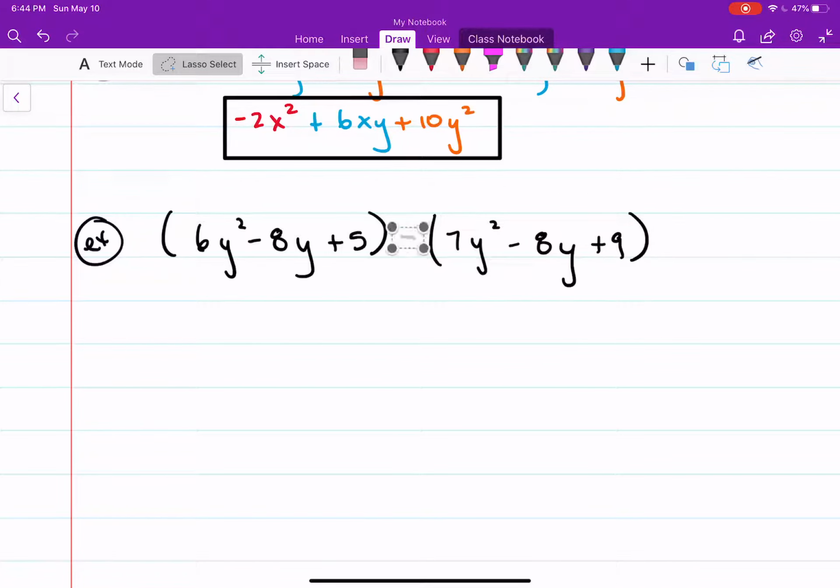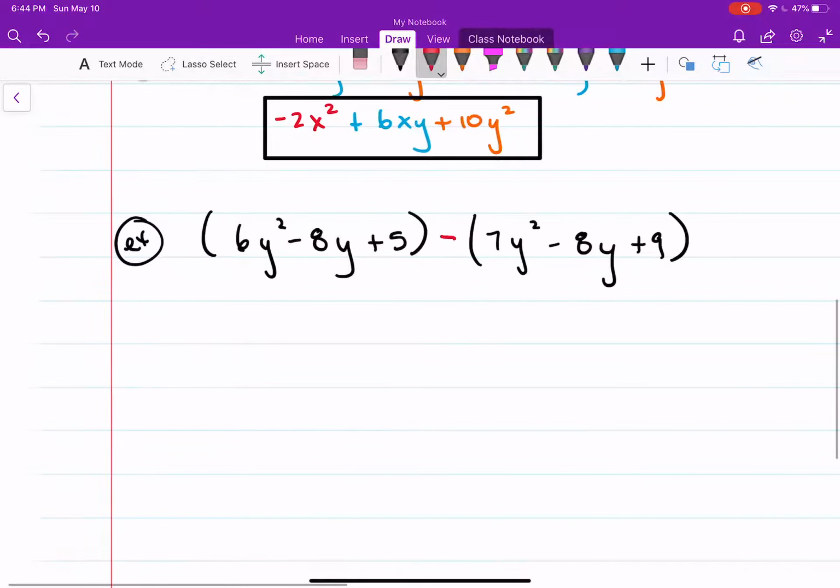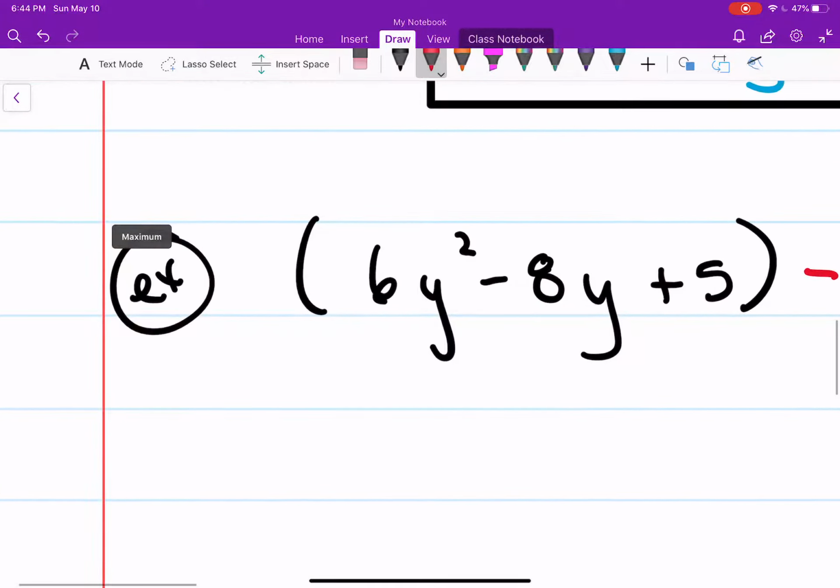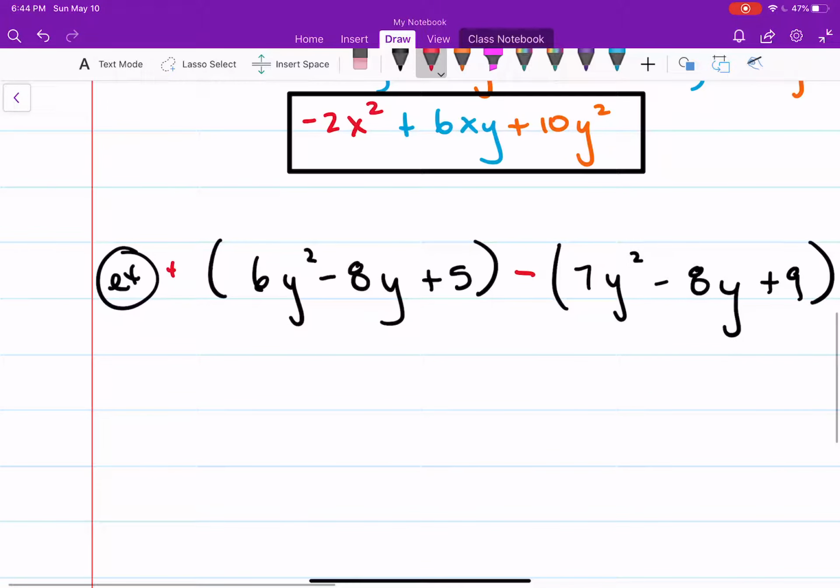So you might have a subtraction in between. And in front of this parentheses, since there's nothing, it really is just a positive 1 that's in front, okay? And if I distribute this 1 through, I'm just going to get itself anyways, okay? So I want you guys to understand that.